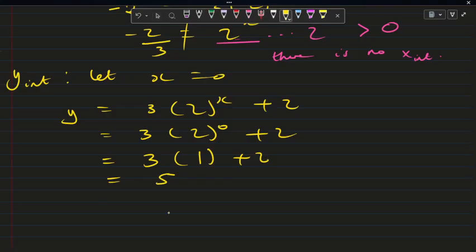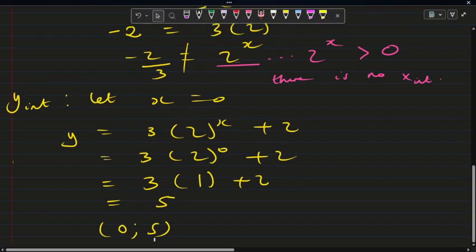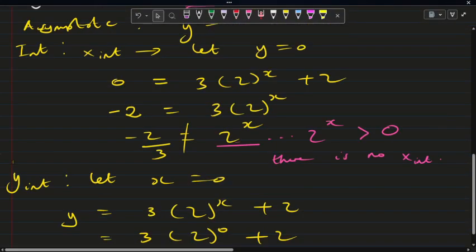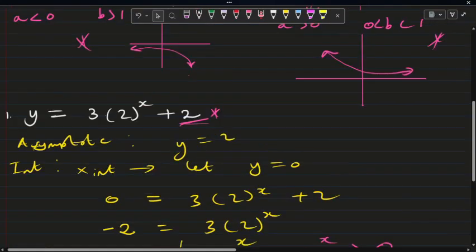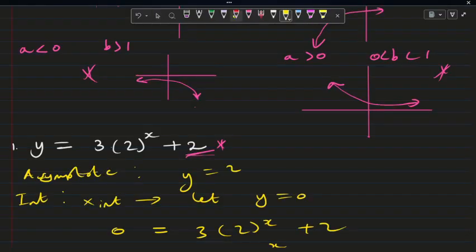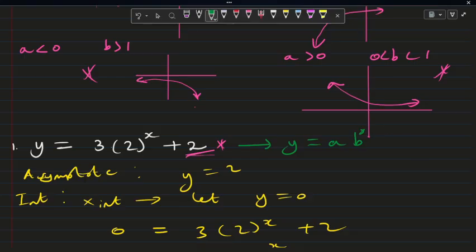Okay, so the y-intercept of our graph will be at x is equal to 0 and y is equal to 5. So we have the y-intercept, we have the equation of the asymptote. Now let's figure out the shape of our graph. We know that these graphs are given by this form: y is equal to a times b to the power of x plus q.